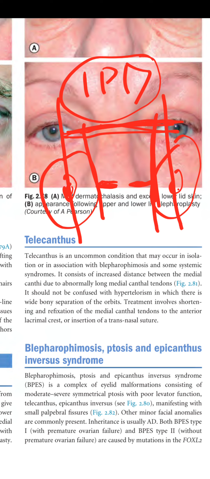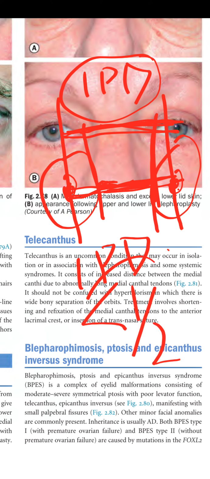Interpupillary distance is basically the distance between the reflexes of both eyes. Usually the distance between the medial canthi is almost less than half of the IPD.